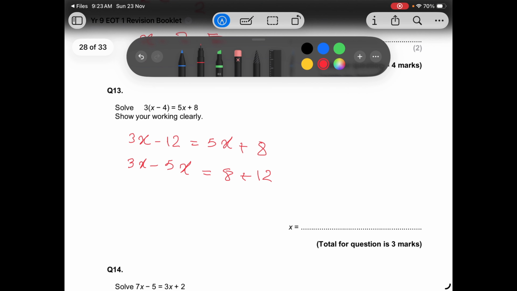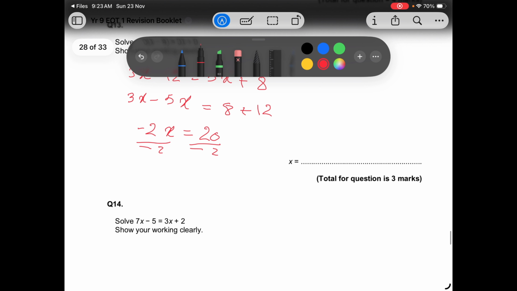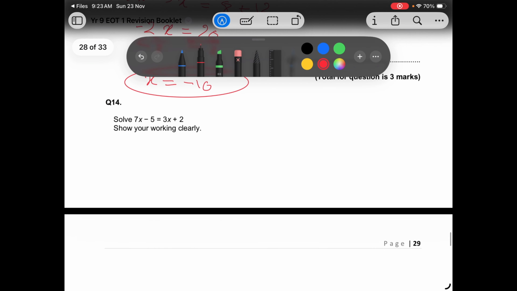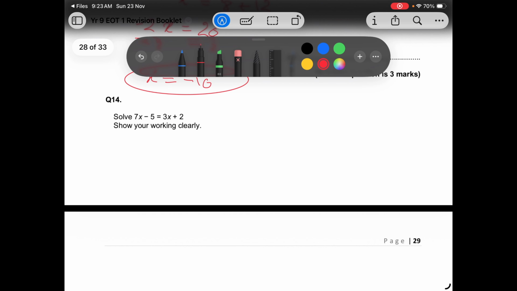Here, guys, we have minus 2x equals 20. You can simply divide by minus 2, by minus 2. Then you will have this solution, x equals minus 10. And that's it.